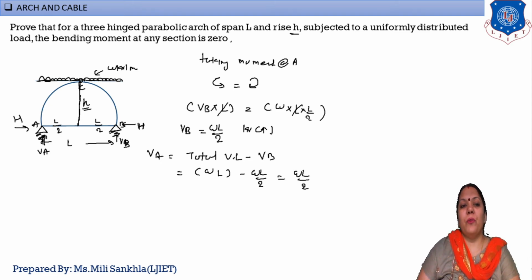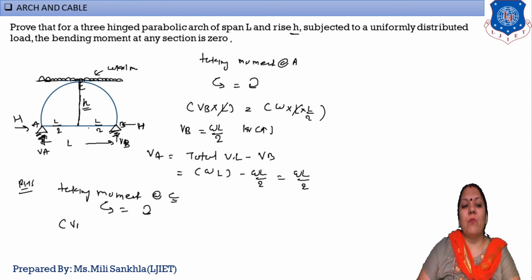Now we find out H. Suppose I consider from the right hand side, taking moment about C. From this, VB into L by 2. Again, compare anti-clockwise moment with clockwise moment. VB gives an anti-clockwise moment.